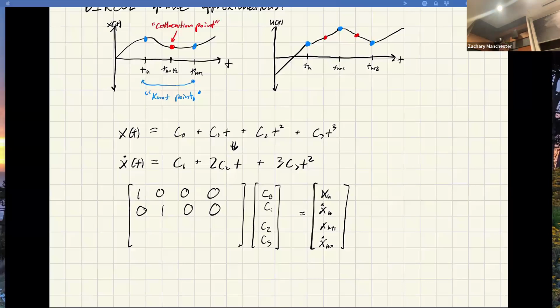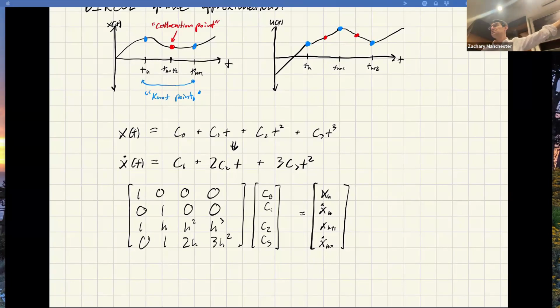And now what I'm going to do is the k plus 1, where that's t equals h. That's my time step. So I plug h into the polynomial, and I get 1, h, h squared, h cubed. And then I plug h into the x dot polynomial. I get 0, 1, 2h, 3h squared.